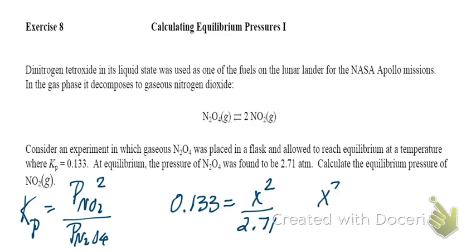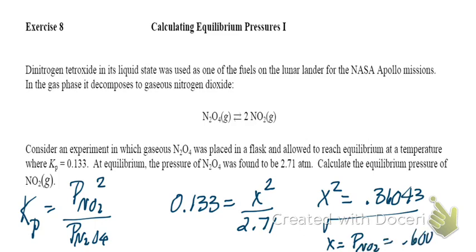So x squared would be equal to 0.36043. Take the square root of everything, and x, the pressure of NO2, would be 0.600 atmosphere. So that's how you would do that if you have all the information.